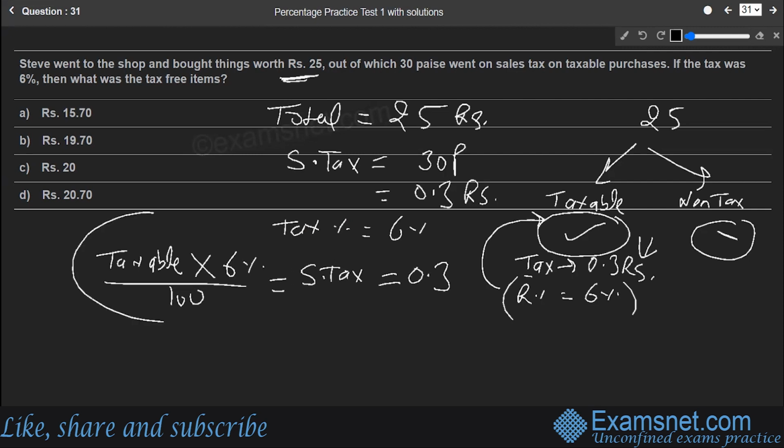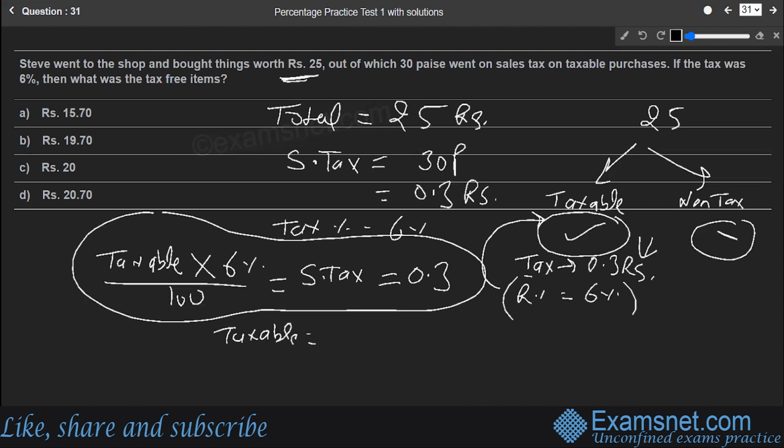So this is the expression for the taxable items. Let us find out the taxable item. It is going to be 0.3 into 100 divided by 6, which gives us 5 rupees. So the cost of the taxable items here is rupees 5. So 5 rupees is the price of the items that are taxable, and 0.3 rupees has been paid as tax.